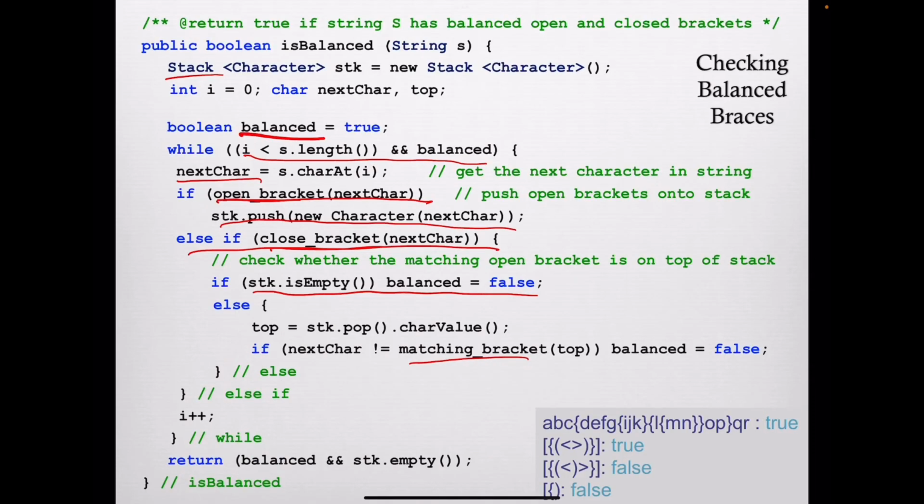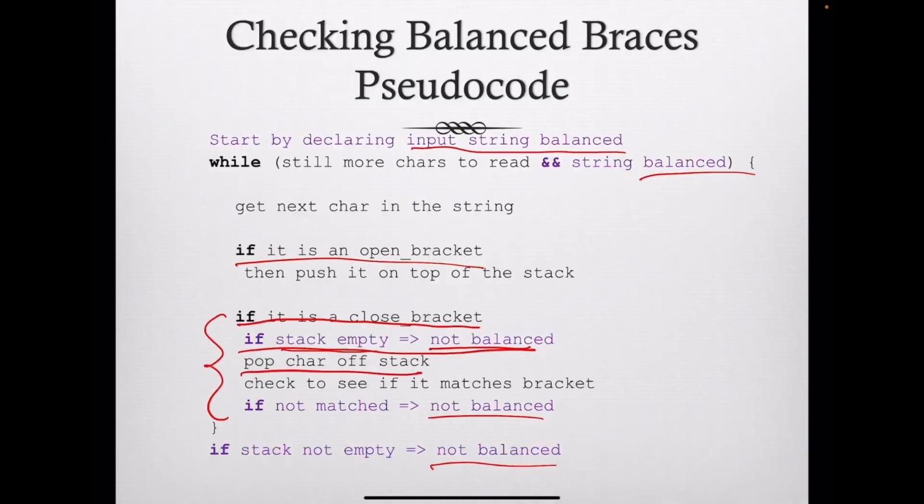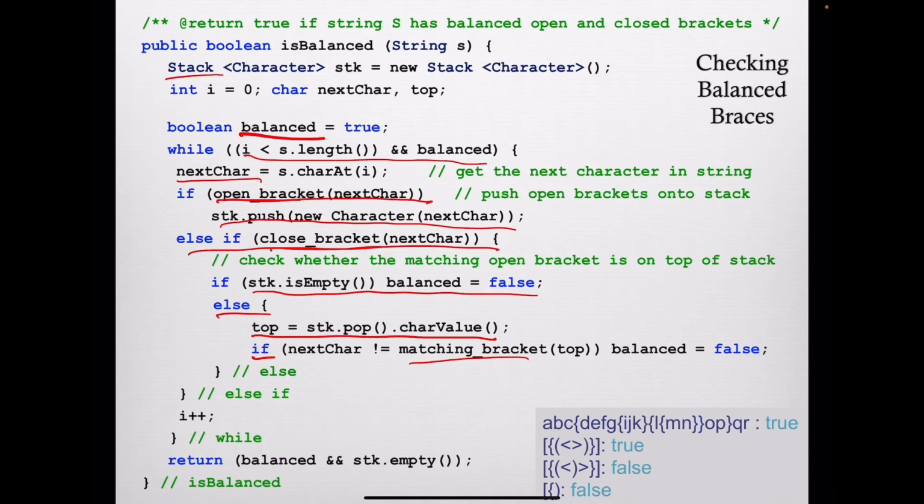And if it's not empty, then we're going to pop the top value off of the stack, just like in the pseudocode. And then we're going to check to see if that popped value matches the closed bracket that we found. And if it doesn't, then balanced is going to equal false, and then the while loop is going to quit on its next iteration.